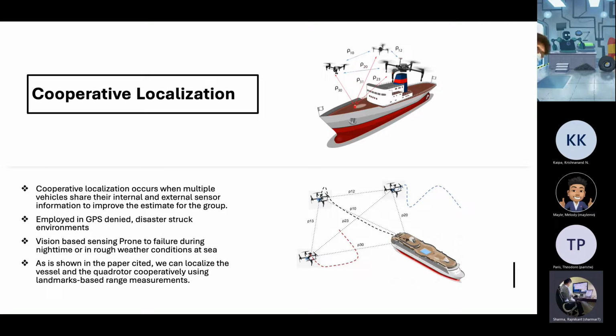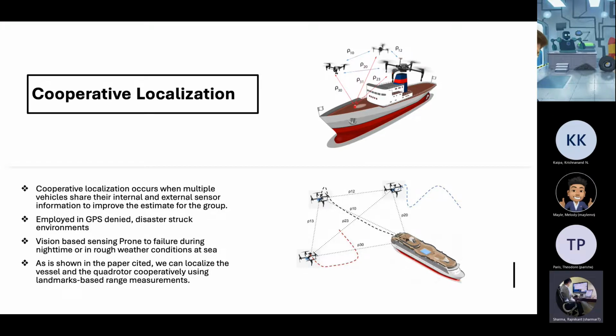The paper which we were using to solve this problem had literature saying that vision-based systems were being used by quadcopters to land on moving platforms, but that posed problems in rough conditions, such as rough weather at sea or at nighttime where visibility is low.